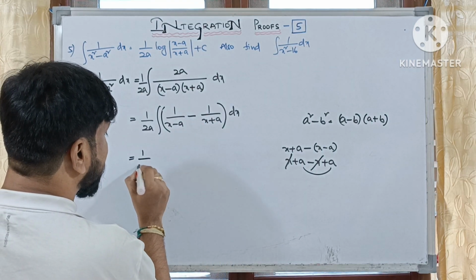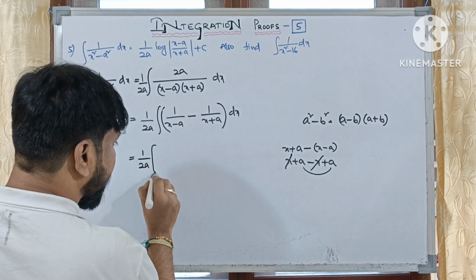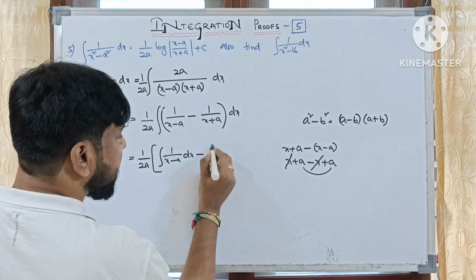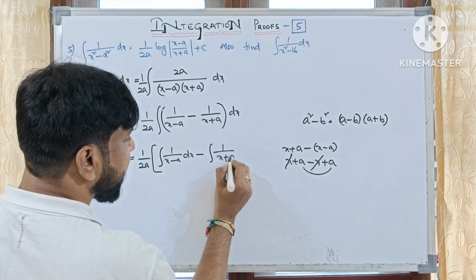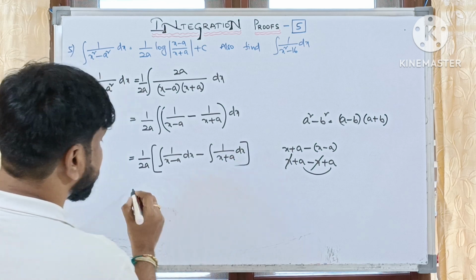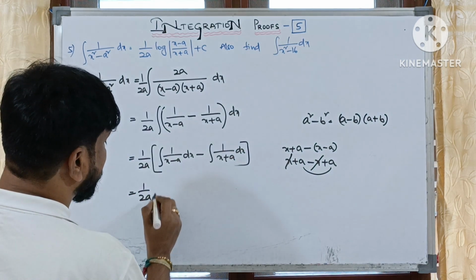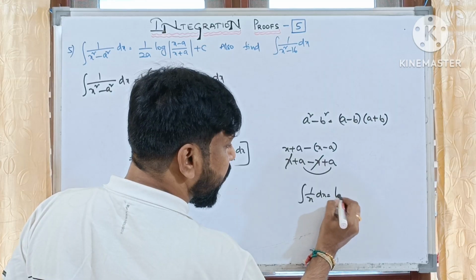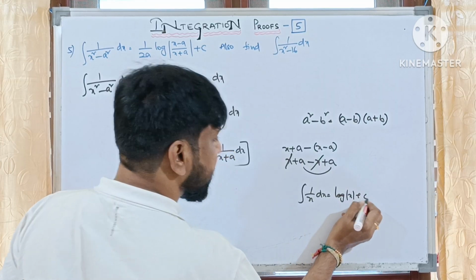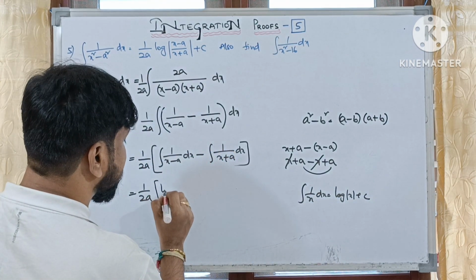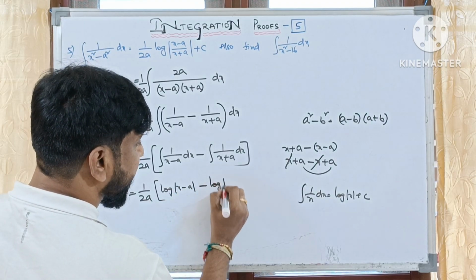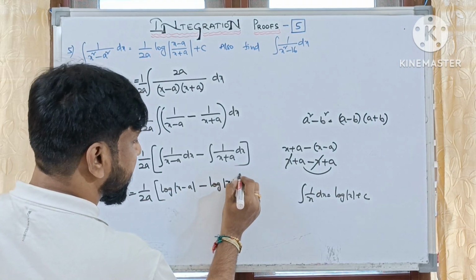So this can be written as 1 by 2a into bracket begin integral 1 by x minus a dx minus integral 1 by x plus a dx. The formula for integral 1 by x dx is equal to log mod x plus c, and hence this can be written as log mod x minus a minus log mod x plus a plus c.